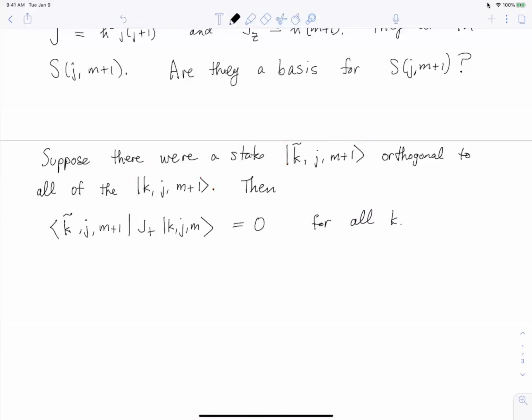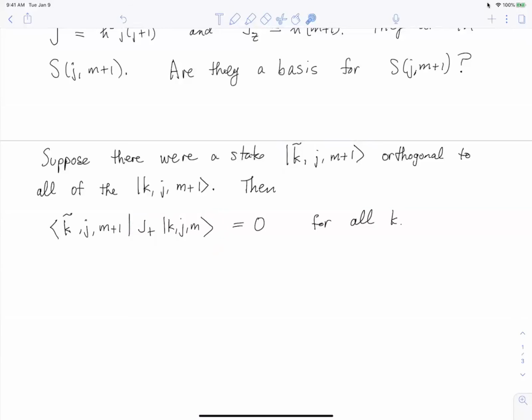Should that be an M plus 1 in the ket? This one? Yeah, no. When I wrote |K, J, M plus 1⟩, that's this whole thing here. Okay, thank you.